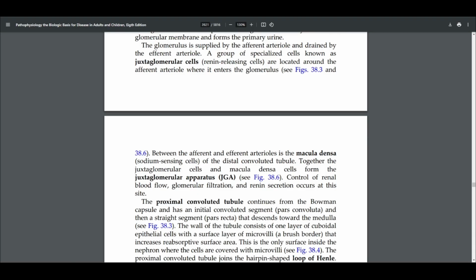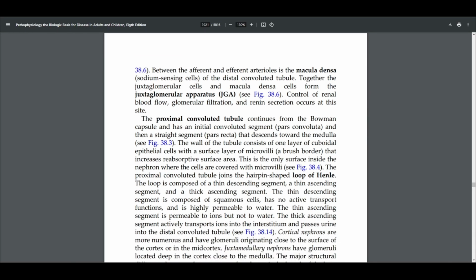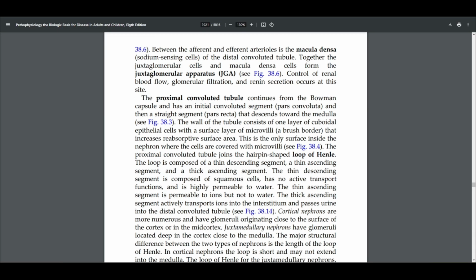Between the afferent and efferent arterioles is the macula densa, or sodium-sensing cells, of the distal convoluted tubule. Together, the juxtaglomerular cells and macula densa cells form the juxtaglomerular apparatus, the JGA. Control of renal blood flow, glomerular filtration, and renin secretion occurs at this site.